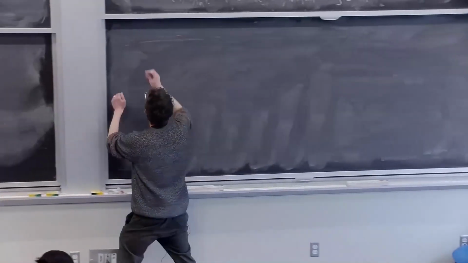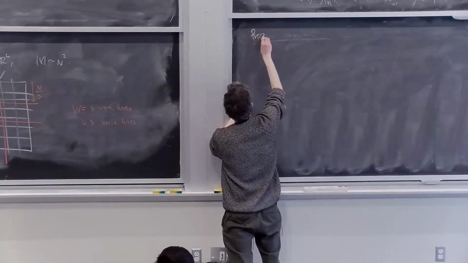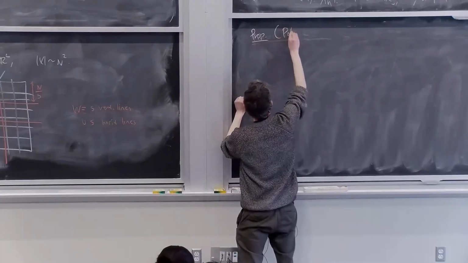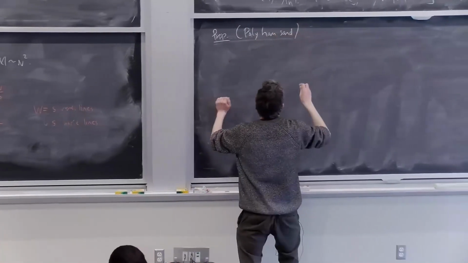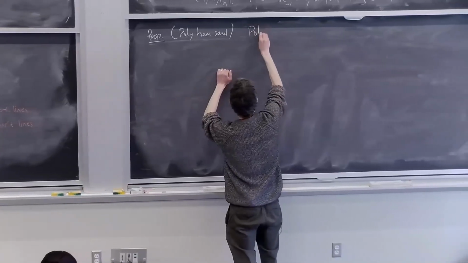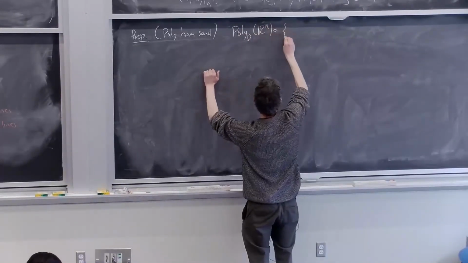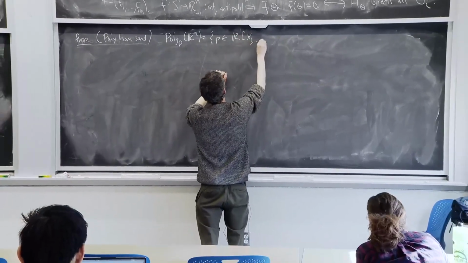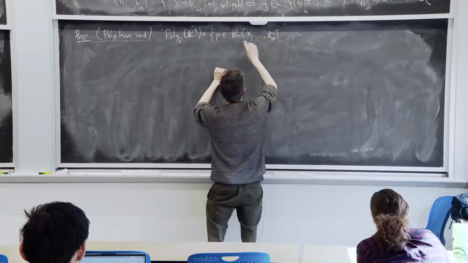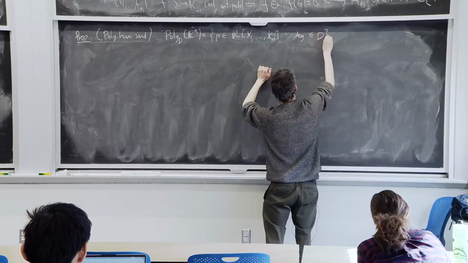All right. So here's a more general version, polynomial ham sandwich. OK. So let's say polynomials of degree d in Rn. That is the set of polynomials in n variables over R, so that the degree is at most d.